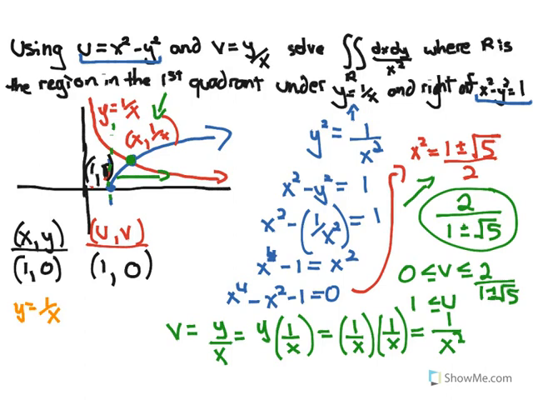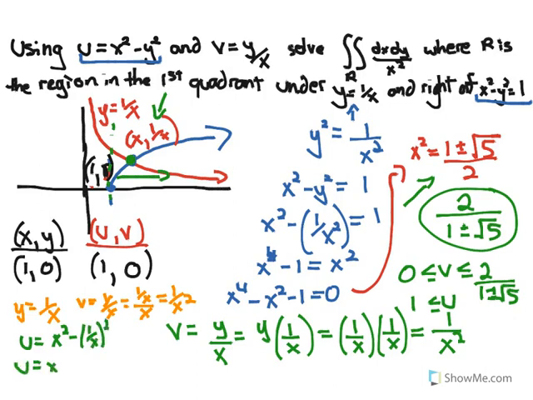And subbing that into my v equation, I know v equals y over x. So that's 1 over x over x, which equals 1 over x squared. But we also need to figure out how this falls into the u equation. So u equals x squared minus y squared. So it's this 1 over x squared.